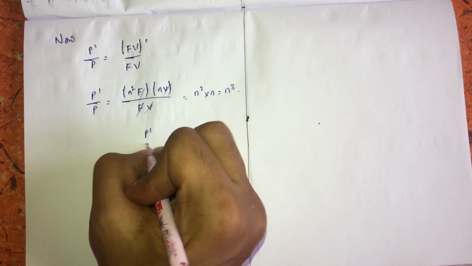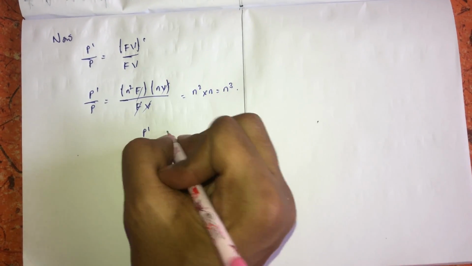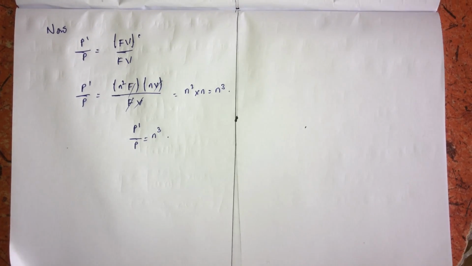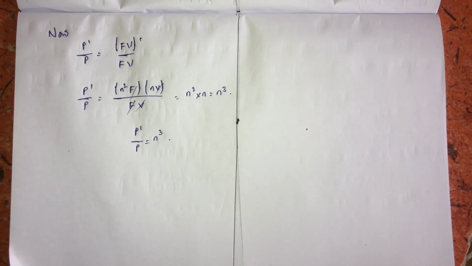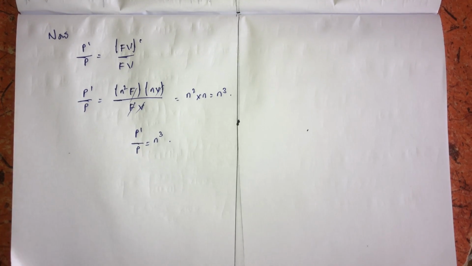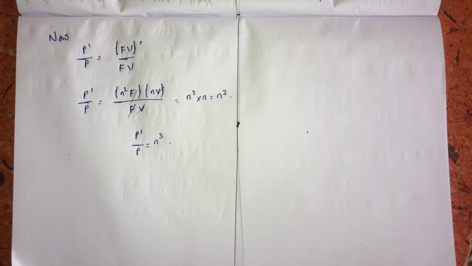So P dash by P is equal to n cube. So the final force will be n square into F, and the final power will be n cube into P after the rate of flow is increased by n times.